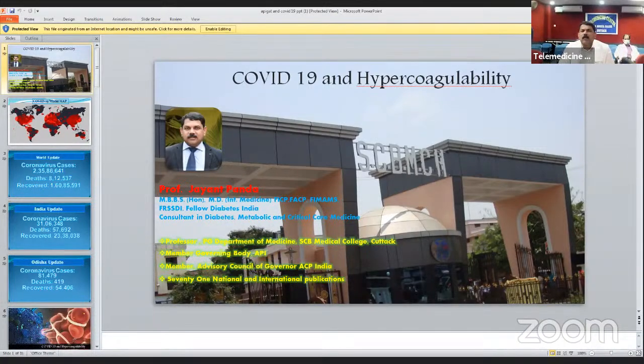So we should think of a coagulopathy, and then came the role of D-dimer, then came the role of thrombin, then came the role of testing the blood for hypercoagulable state. And in the treatment modality, we added low molecular weight heparin, unfractionated heparin, even the oral anticoagulant drugs.